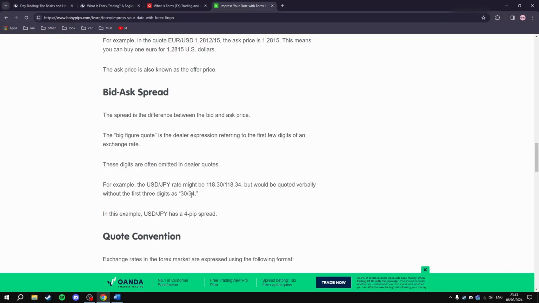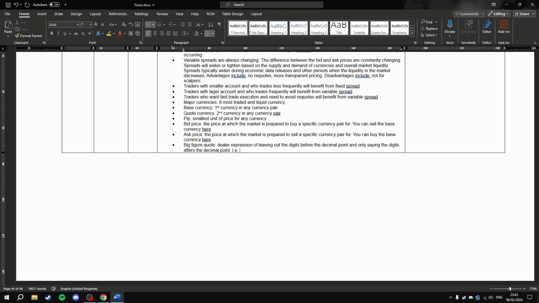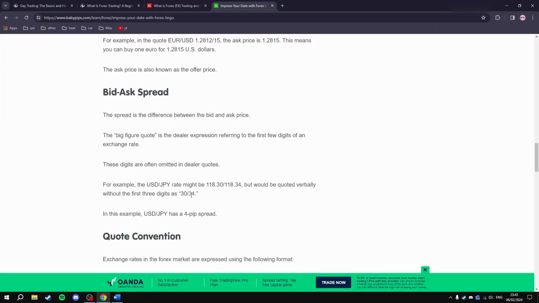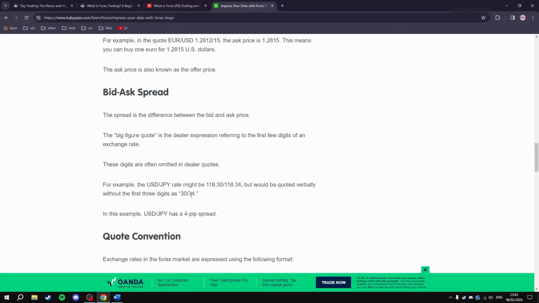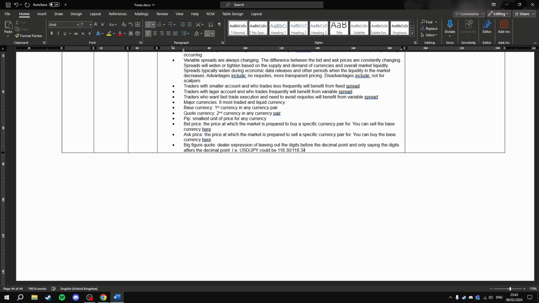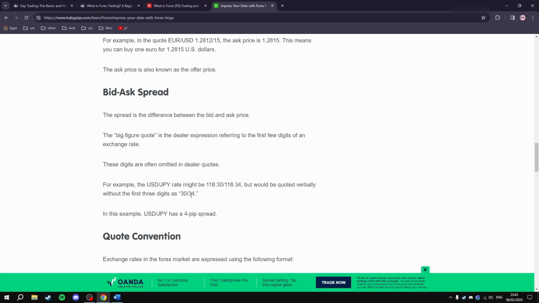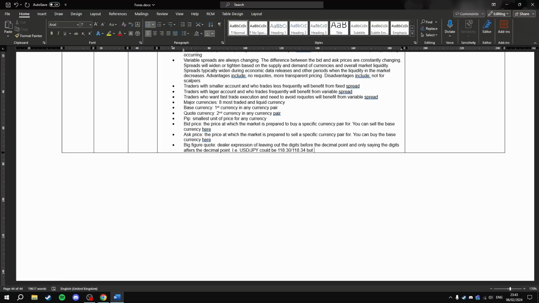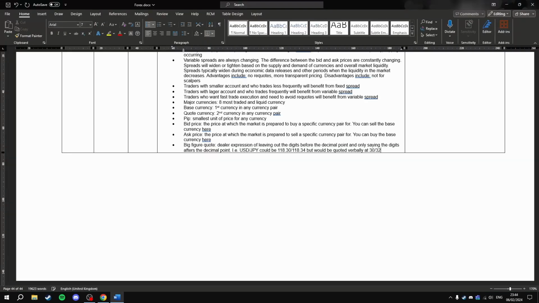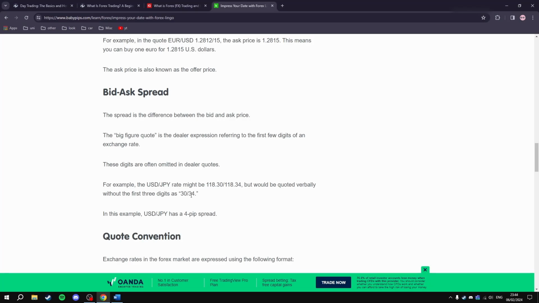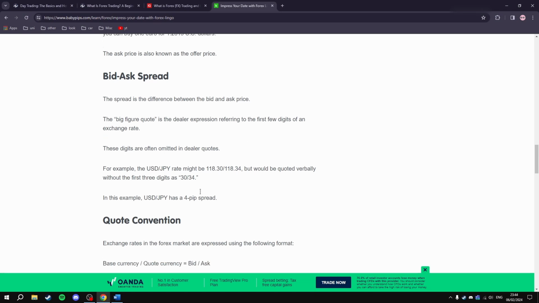So USD/JPY could be 118.30/118.34, but would be quoted verbally as 30/34. In this example, USD/JPY has a 4 pip spread.